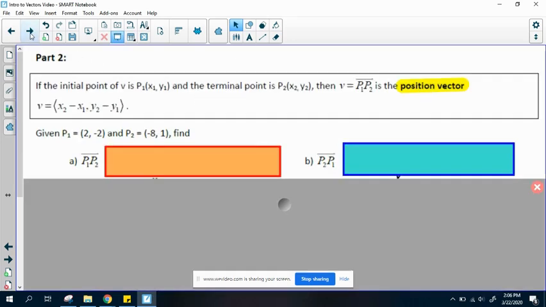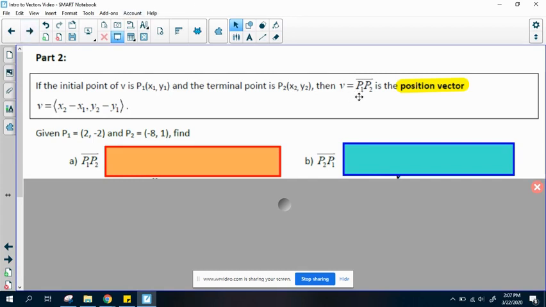Okay, so the first thing we're going to talk about is position vector. This is if I was asking you to start at one point and move to another. If it doesn't give you a starting point, then I would assume that you would start at the origin to make your life easier and you could draw it from there. But if it does give you one place to another, you really want to pay attention to the order.